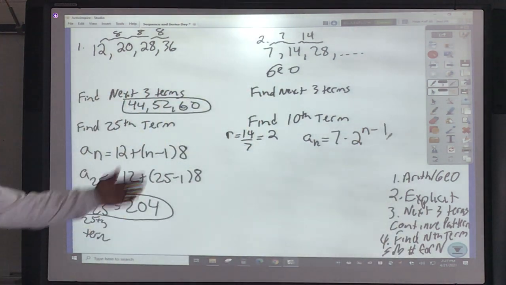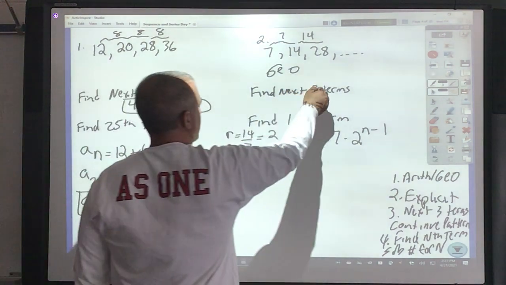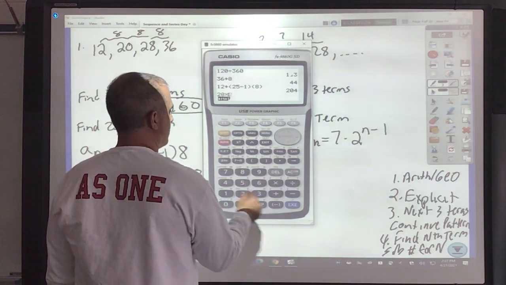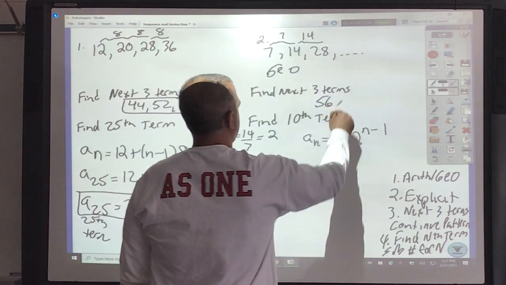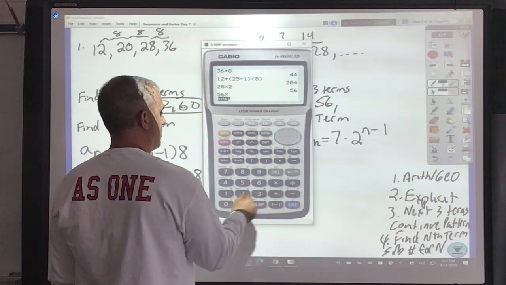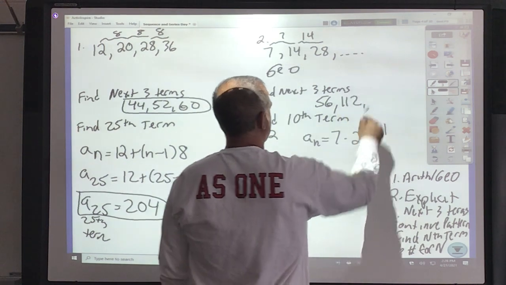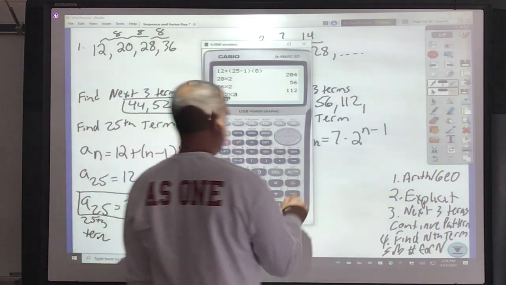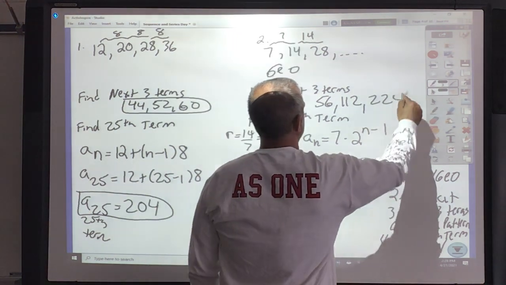Now I use my pattern for the next 3 terms, I'm just multiplying by 2. So 28 times 2 is 56. 56 times 2 is 112. 112 times 2 is 224.